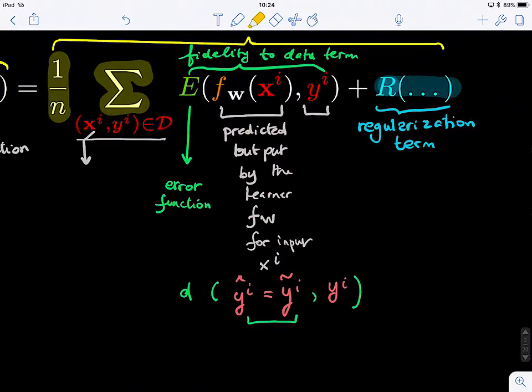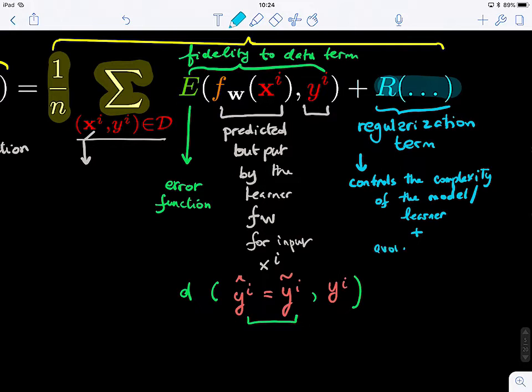The regularization term controls the complexity of the model, and it tries to avoid overfitting. This is the role of the regularization term.